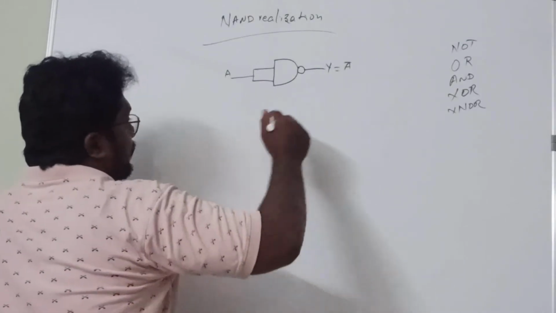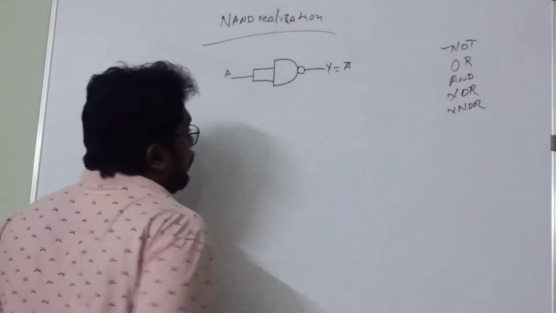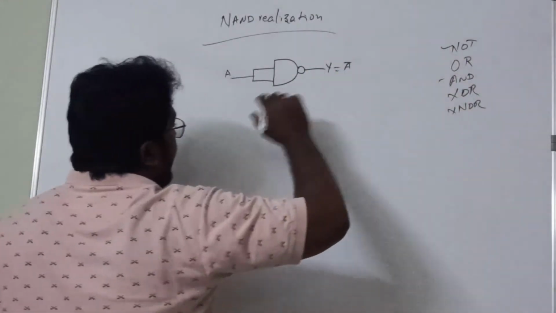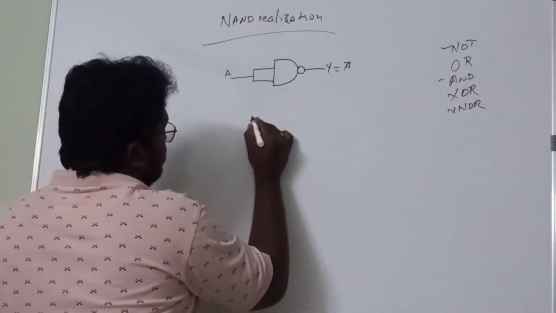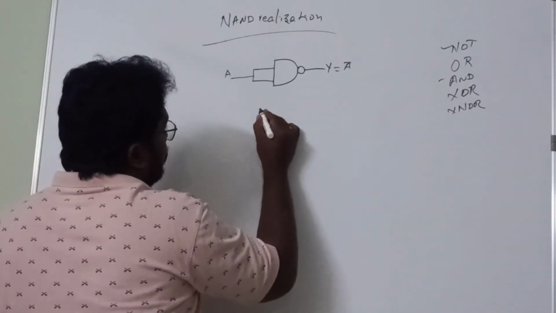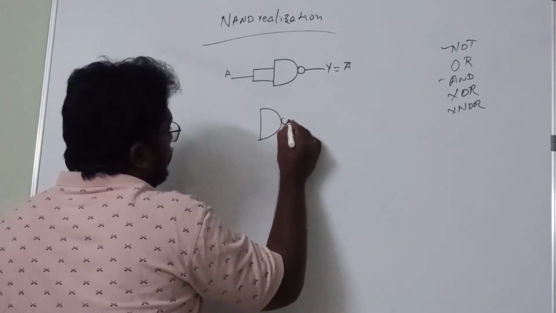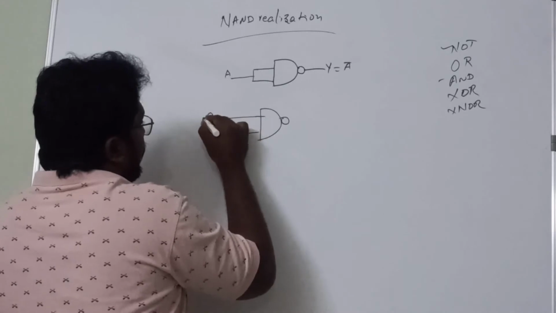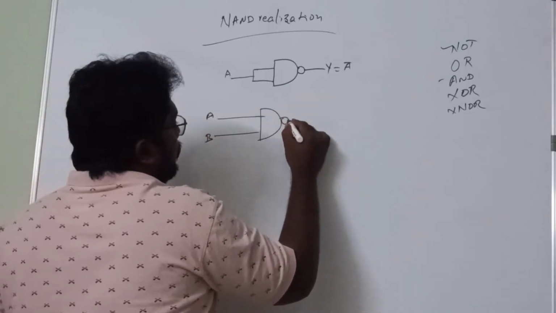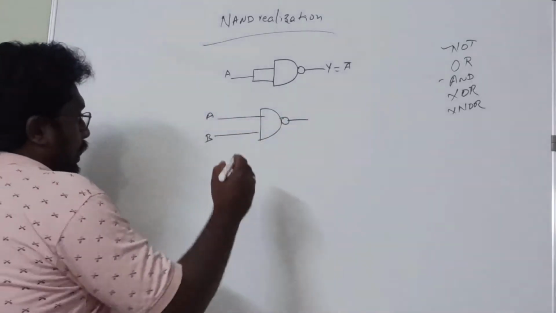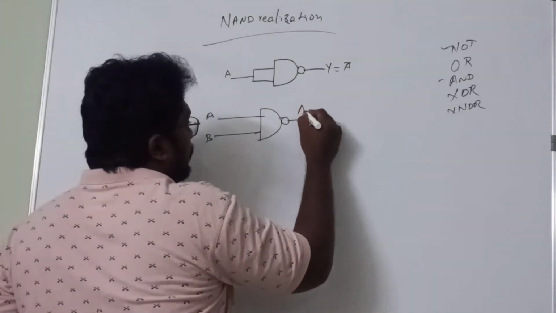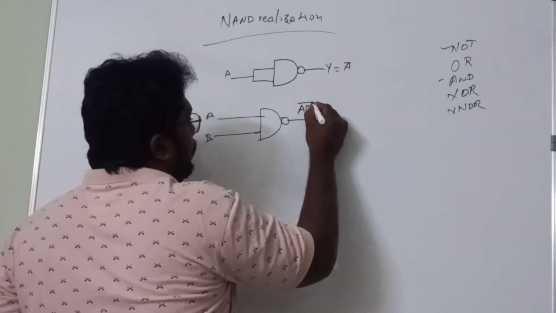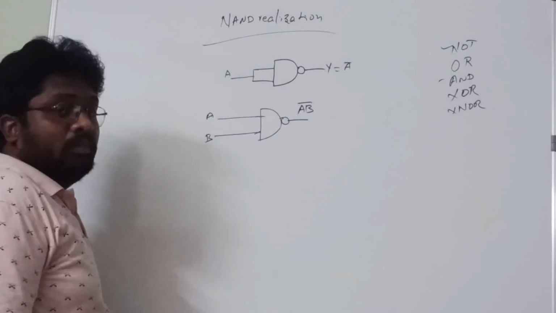Now I have realized the NOT gate, and let us see the AND gate. Here I am having a NAND gate with two inputs, input A and input B. The output I am getting is A B whole bar.